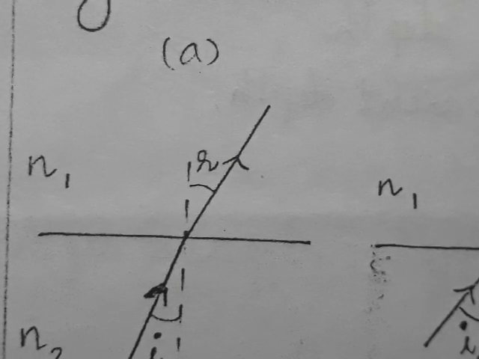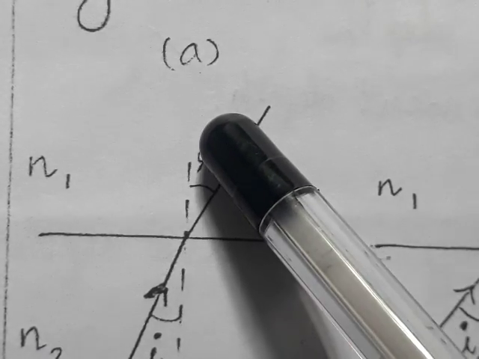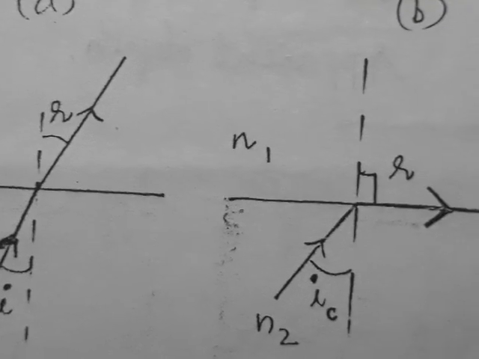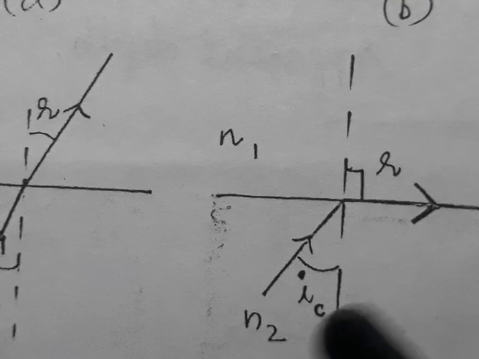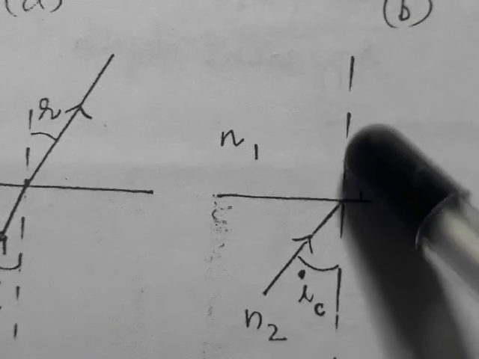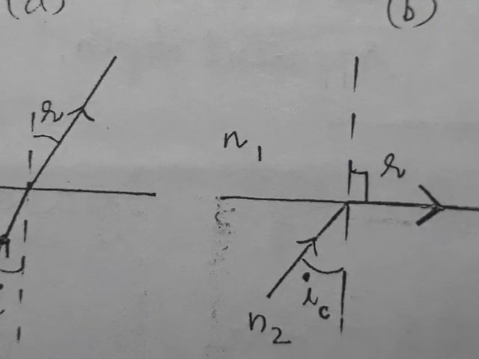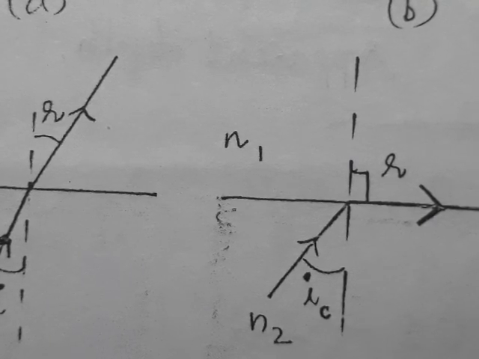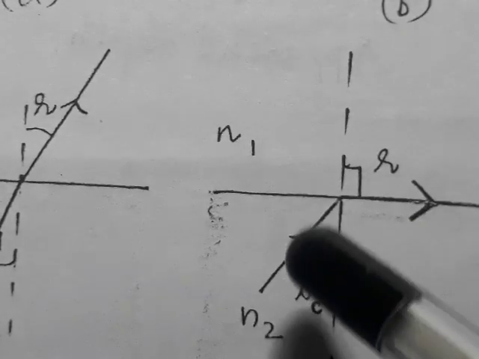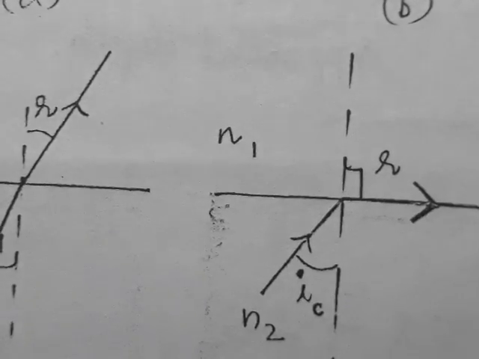There is a particular case in which, for a special angle of incidence, the angle of refraction increases and becomes 90 degrees, like this. This angle is called the critical angle, and it depends on the refractive index of the two media.